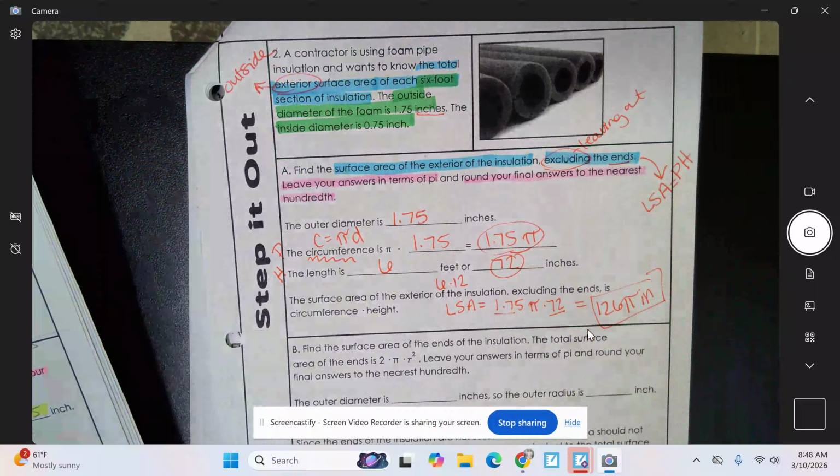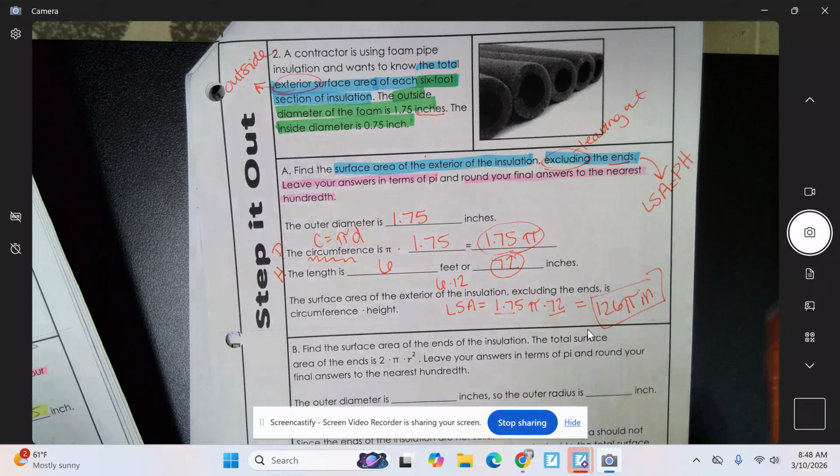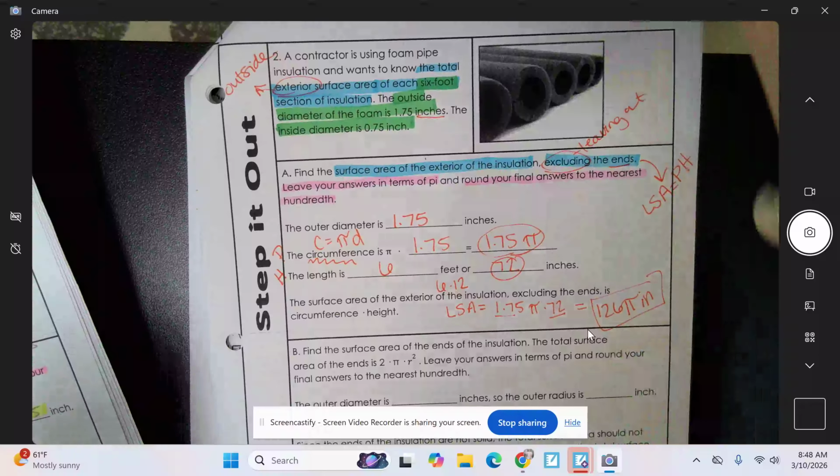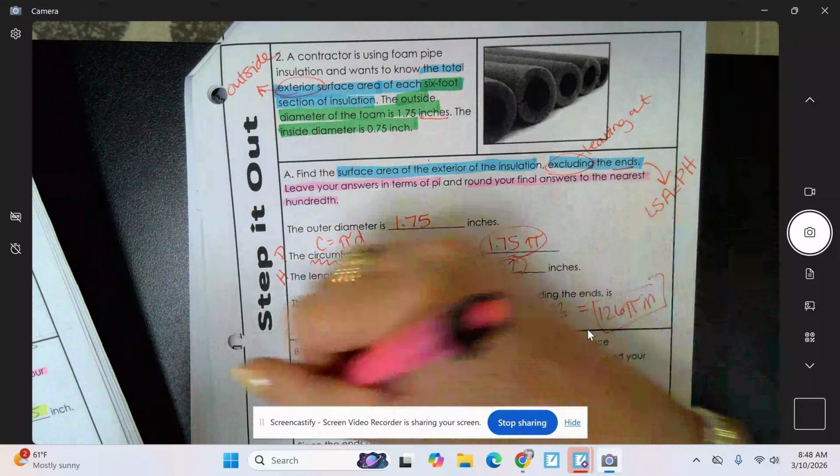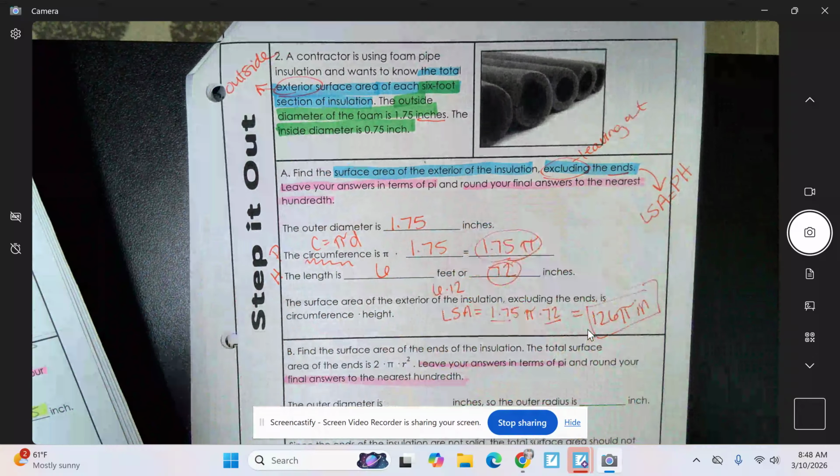Part B says find the surface area of the ends. The ends are like our bases, right? So now we're going to find the surface area of this. Okay, so we want to also leave our answer in terms of pi. Leave your answer in terms of pi. Round your answer to the nearest hundredth.